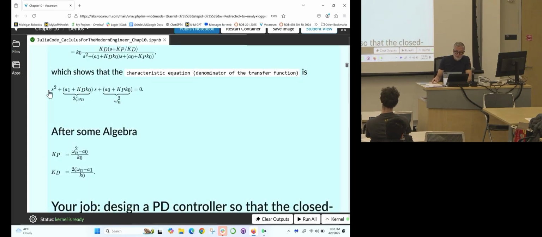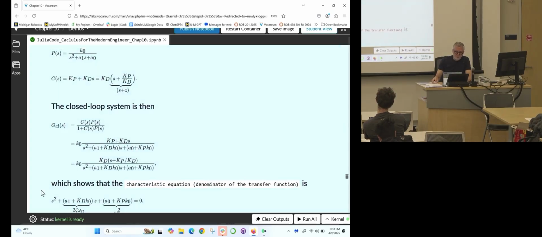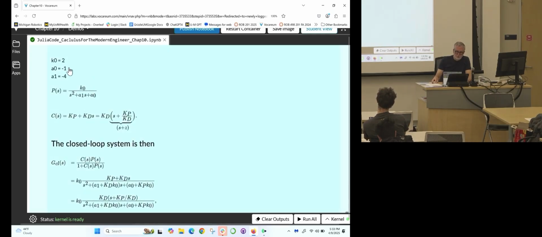Now, if I take and rewrite this in that second order form, I can solve for KP and KD. It's just algebra, okay? So that same one-shot solution, if we believe this is the model, a world-leading authority on crazy parameters gave us these.